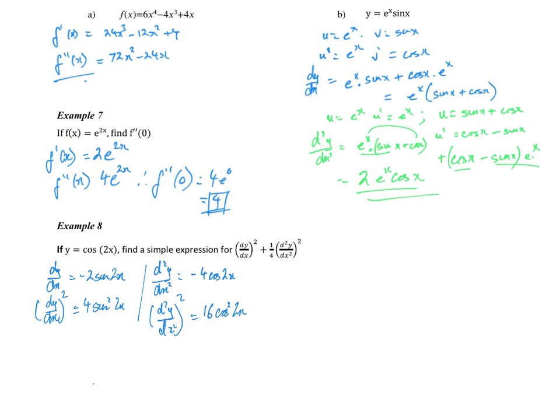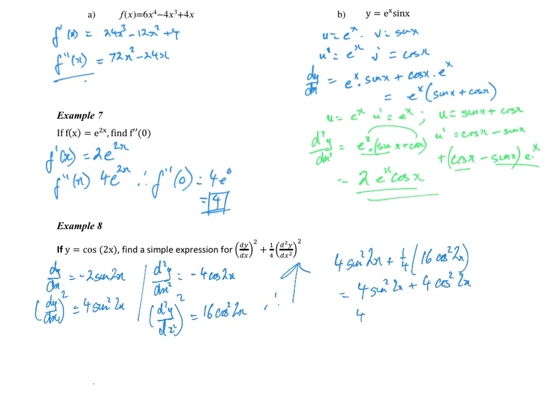So let's substitute into our equation. Therefore, if we sub into that, I get dy dx all squared, 4 sine squared 2x, plus 1/4 of the second derivative all squared, which is 16 cos squared 2x, which is 4 sine squared 2x plus 4 cos squared 2x.